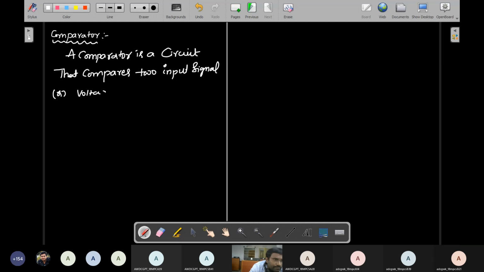So this is the actual definition of a comparator.